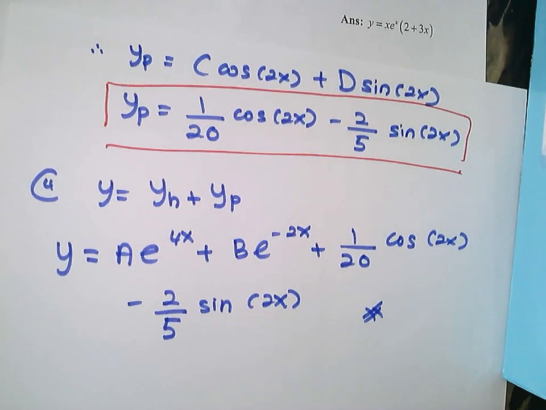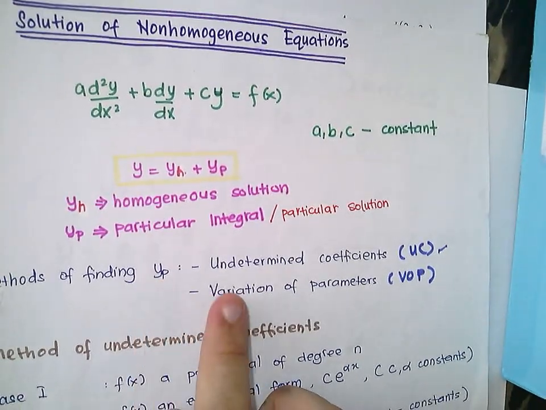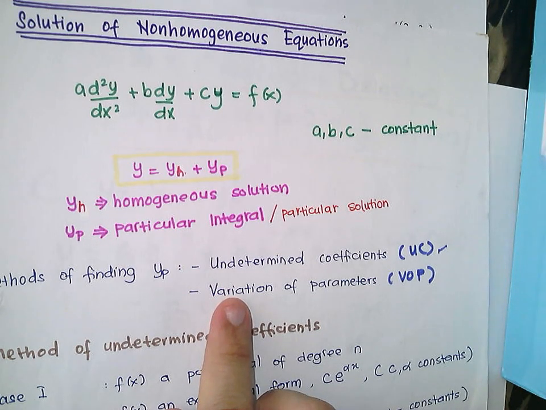So I already covered case 1, case 2, case 3 for method of undetermined coefficient. So in my next video, our next lesson will be on how to find yp by using the second method, which is variation of parameter.